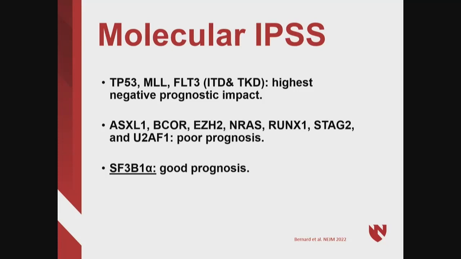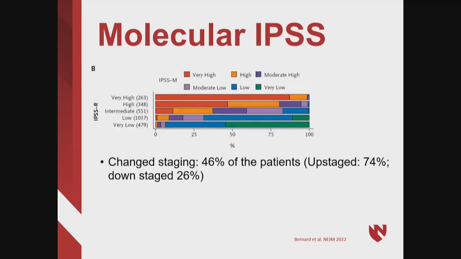Mutations in MDS in general are not a good thing, except for the SF3B1 mutation, which is associated with good prognosis, and also predicts a better response to a drug called luspatercept, which we'll talk about in a second. So molecular IPSS compared to the revised IPSS improves prognostication. We are able to tell more accurately the estimated survival and outcome with molecular IPSS compared to revised IPSS.